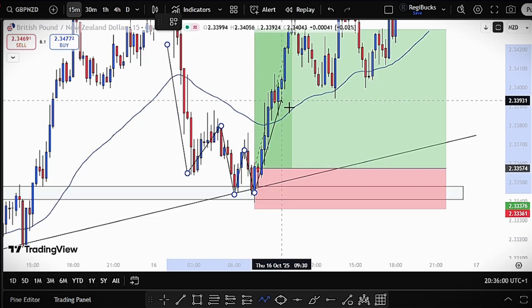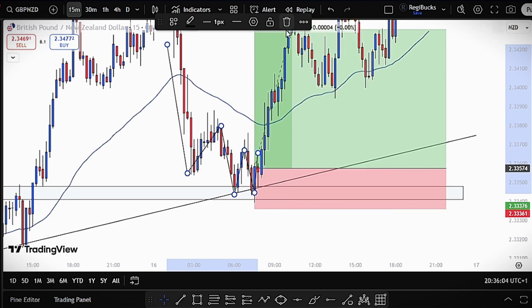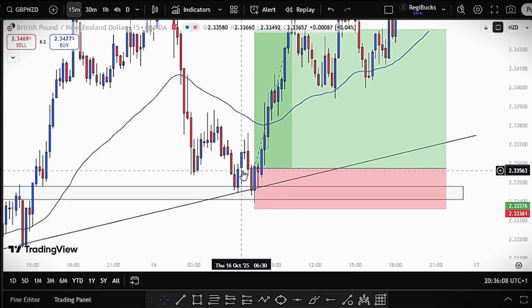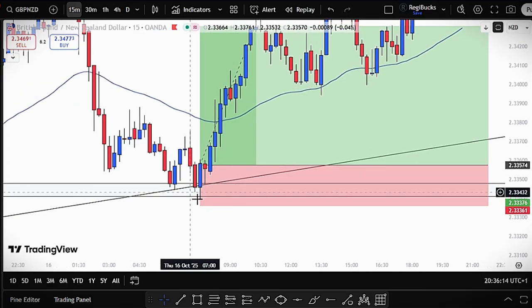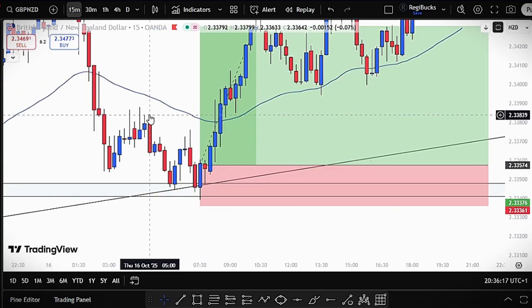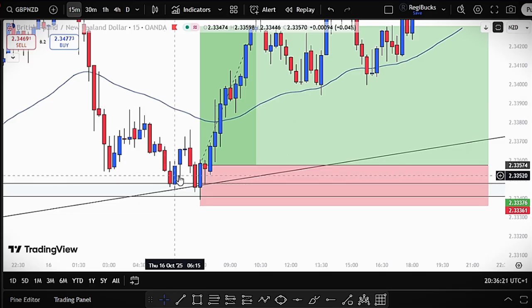And then what do I do? As soon as I saw that, it just strengthened my trade, added more confluence to it, and it just started to make more sense. And then not only that, we also saw a bullish engulfing. So now this is already a reason why you should take the trade.